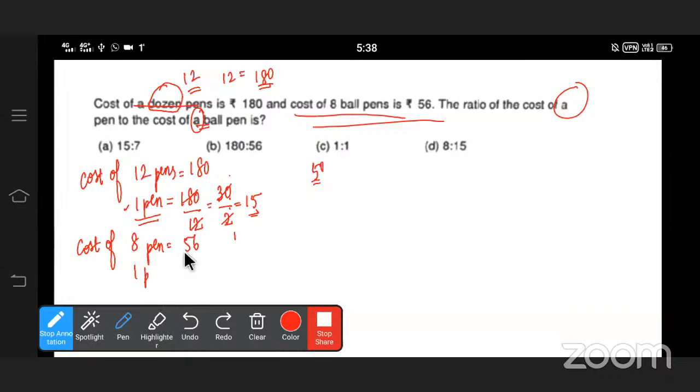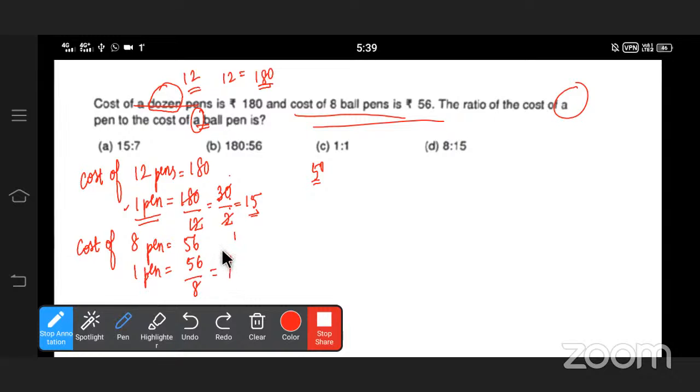Okay. So then here it is given that the cost of 8 ball pens is 56. So I am going to find out for 1 pen. What do I have to do? 56 by 8. In the 8 table, how many times does 56 come? 7 8s are 56, right? Yes, ma'am. So the cost of 1 ball pen is 7 rupees.